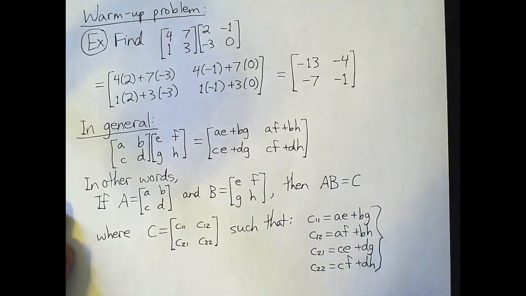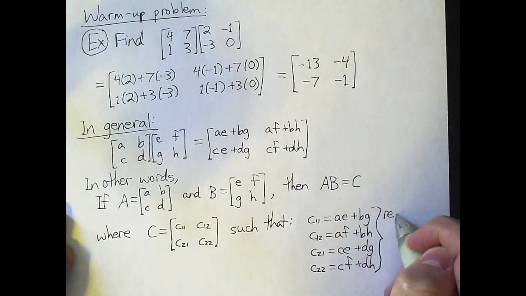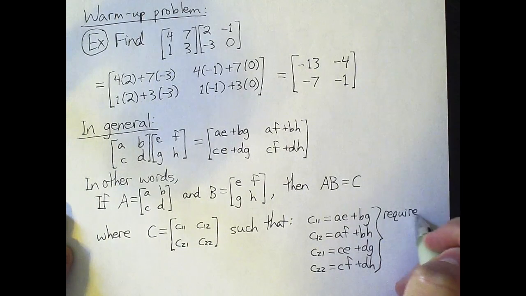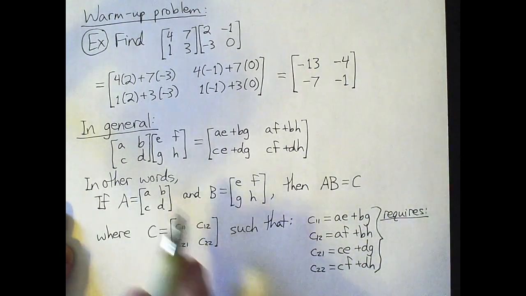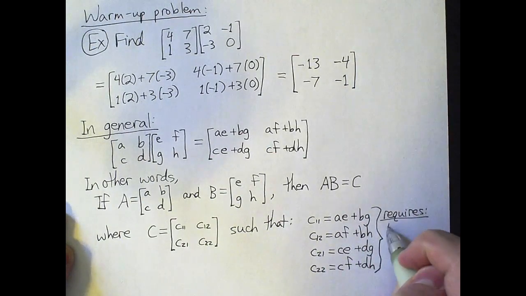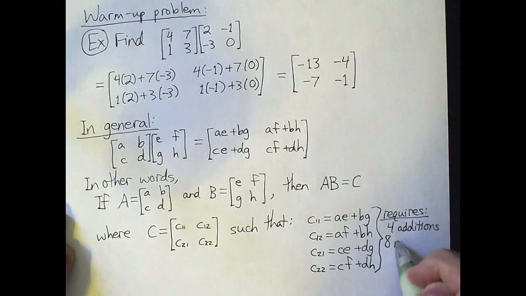How about this? I'm going to summarize this by saying that this strategy requires, at the heart of this method, at the core, like what are we really doing? We're doing 4 additions and 8 multiplications.